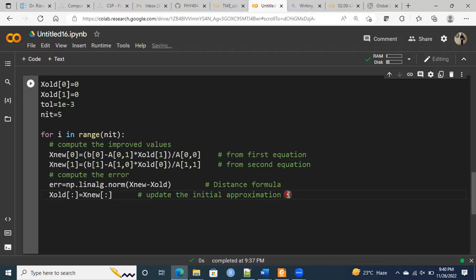Right. So after 5 iterations, here there must be the end of loop, and in Python there is no need to write anything. So let's see the answer after 5 iterations.